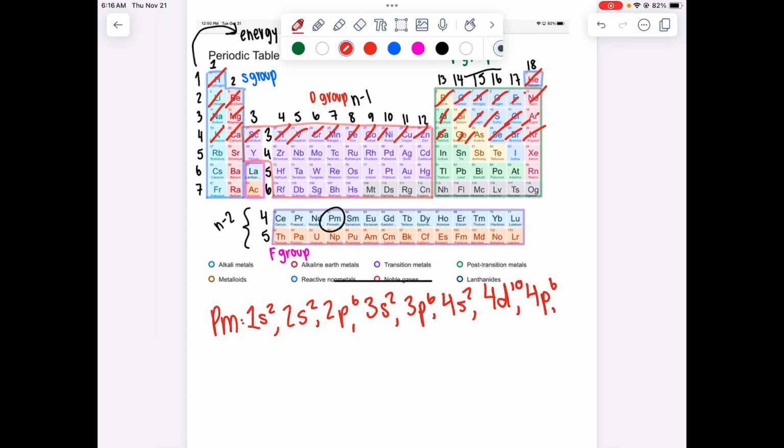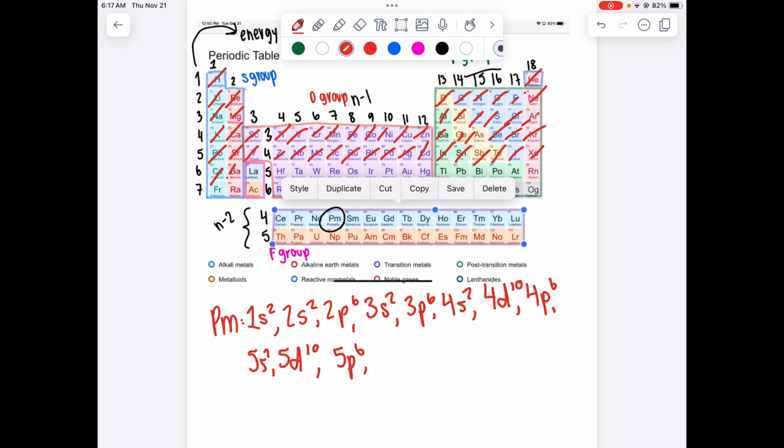Then 1, 2, 5S2. Now D: 1 through 10, 5D10. Now 1, 2, 3, 4, 5, 6: 5P6. We're almost there, but we're still not there.